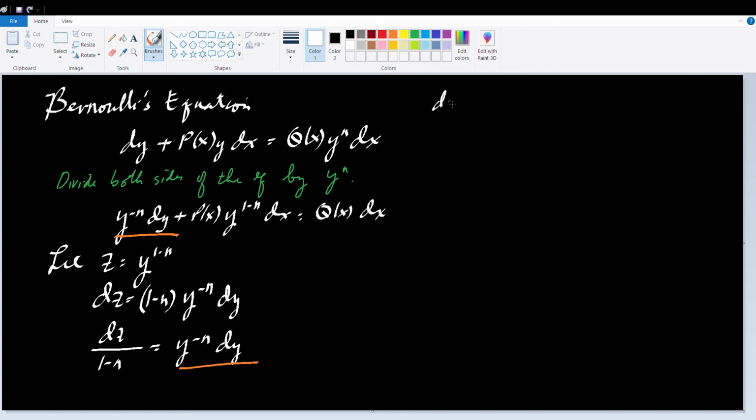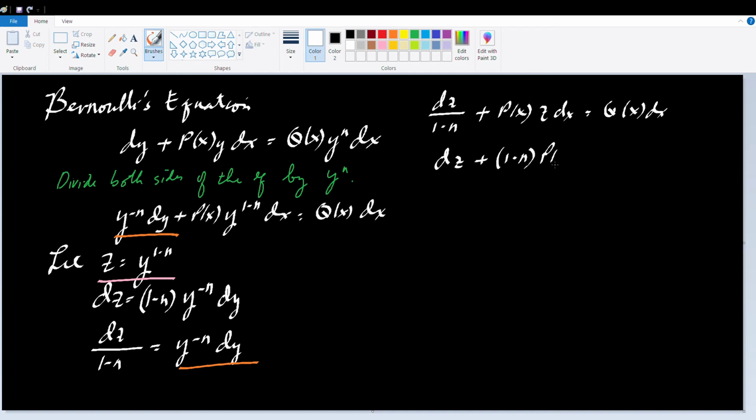So it becomes dz over (1 minus n) plus p(x), and your y raised to 1 minus n is your z, dx equal to q(x) dx. 1 minus n is a constant, so we multiply everything by 1 minus n. dz plus (1 minus n) p(x) z dx equal to (1 minus n) q(x) dx.